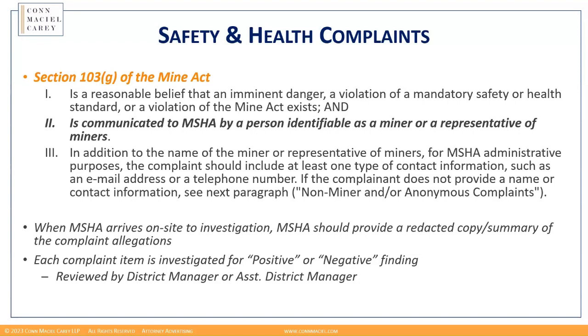Because, and I know that we get upset about that as the companies who are subject to that, because we say it was largely negative. It was, in that case, 14 out of 15 were negative findings, but MSHA is still going to consider that a positive finding for the entirety of the complaint or for that individual item.